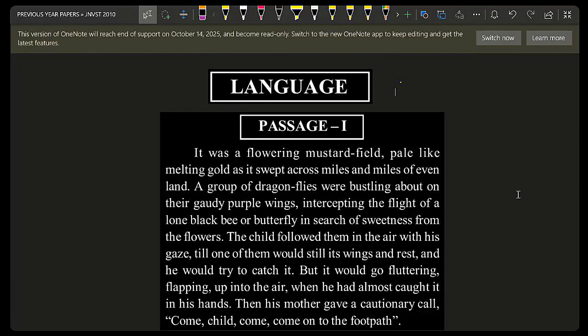He's not able to catch it because it is moving here and there in a random way. When he had almost caught it in his hands, it escapes. Then his mother gave a cautionary call, come child, come onto the footpath. That is a cautionary call given by the mother.